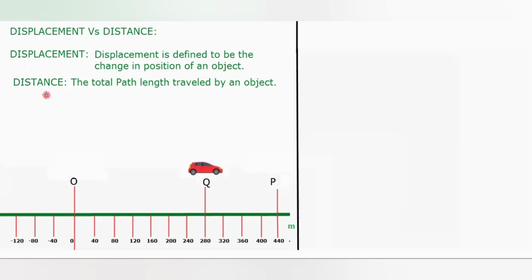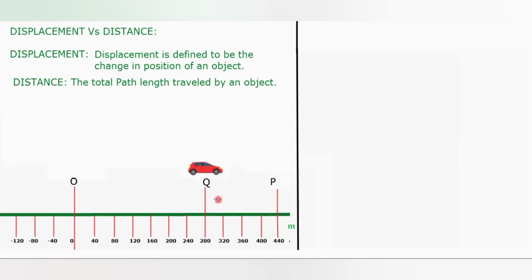Then what is the distance? It is called the total path length traveled by that object. Okay. Then what is the difference between these two terms? That we are going to discuss with an example.